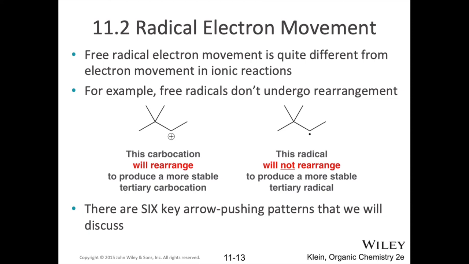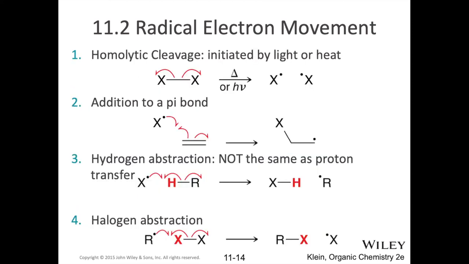Now, don't panic. You'll see that just like with a leaving group leaving and a nucleophile attacking, just like those two patterns are kind of reverses of each other, we also have these sort of couplings of these patterns in our radical arrow pushing patterns. So let's go through those.